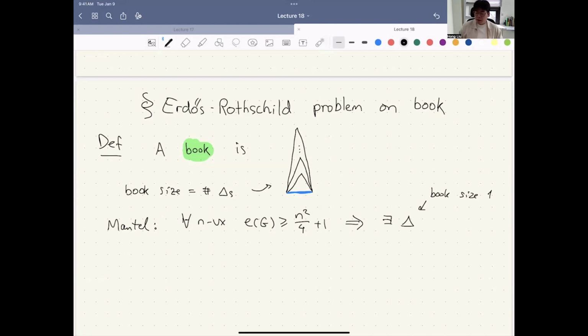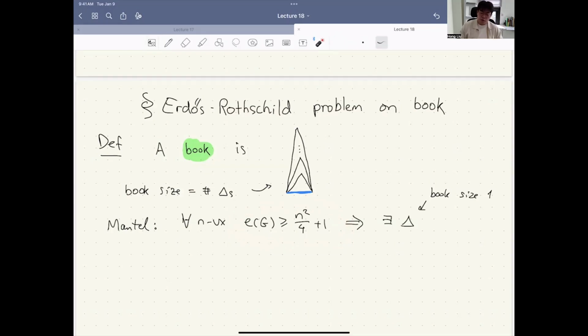Okay. It turns out we can actually get a linear size book. This was proved earlier, I believe, by Erdős, and then he conjectured that you can even prove the constant n over 6 book. You have n over 6 triangles sharing one common edge in any graph with one more edge above the Mantel's bound.